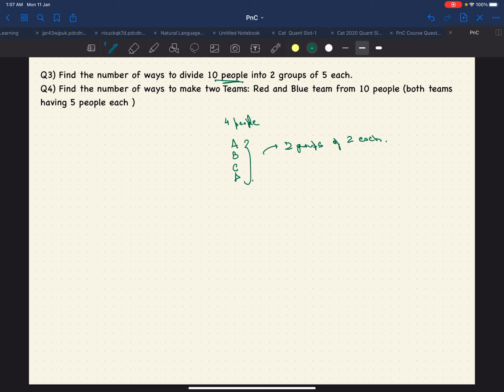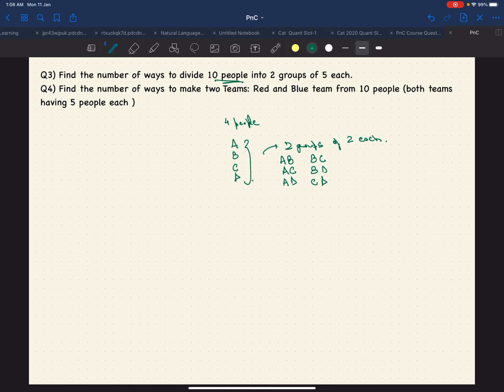So what are the possible groups here? AB, AC, AD, BC, BD, CD. So just like we saw in combinations, this is the case here.